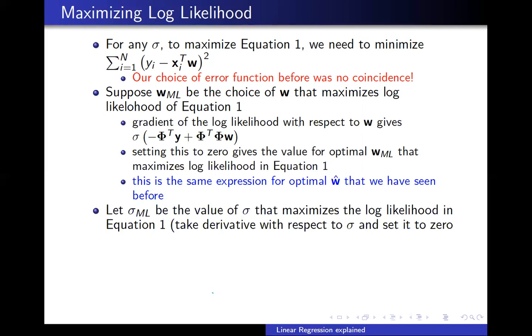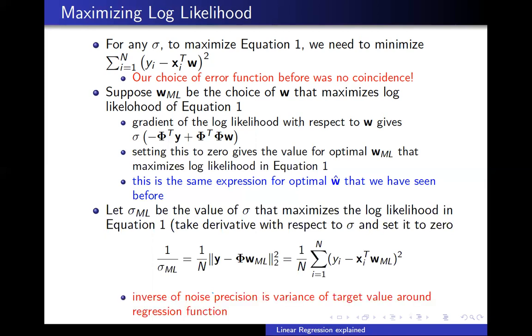Similarly, if you take the derivative with respect to sigma, and let sigma sub ML be the value of sigma that maximizes the log likelihood in equation 1, set it to 0, and so on, you'll see another expression: 1 over sigma_ML is equal to 1 over n times the sum of these terms, the actual value minus the predicted value based on w_ML as the coefficients of this linear combination.